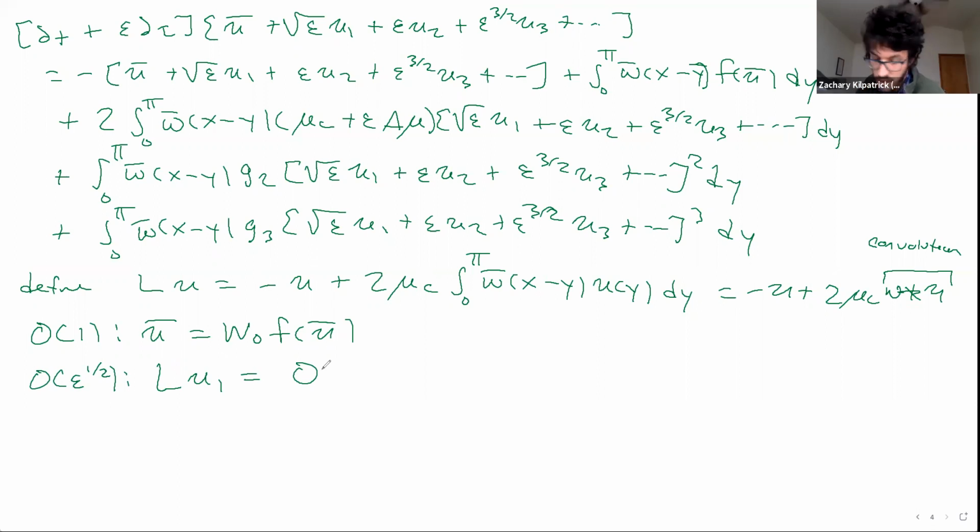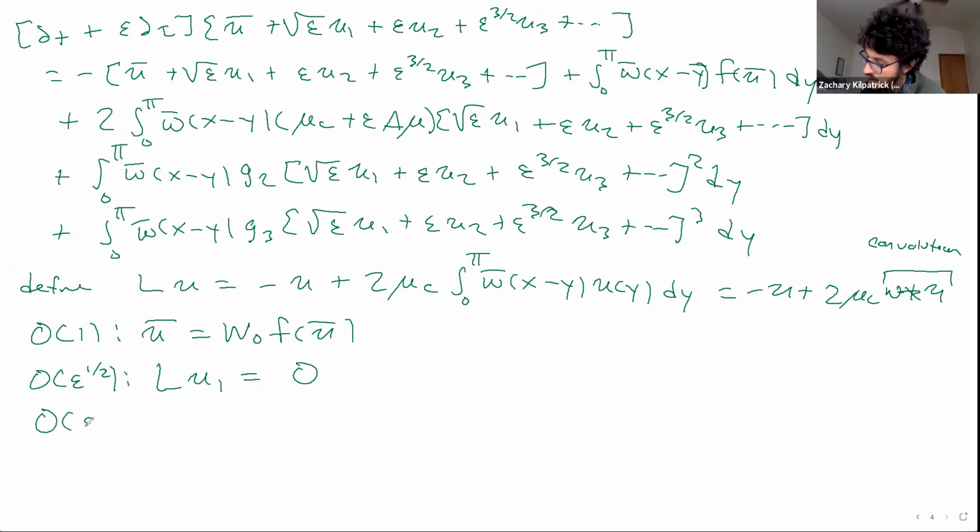Because we have this slow time scale that we've introduced, and also we're close to the bifurcation, so the eigenvalue is small enough that it gets kicked up to the next order. Okay.